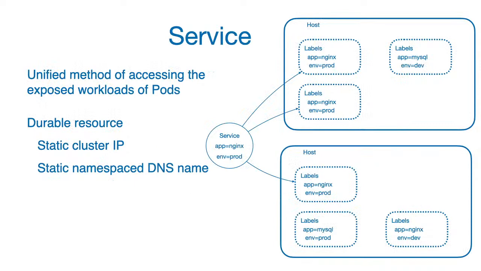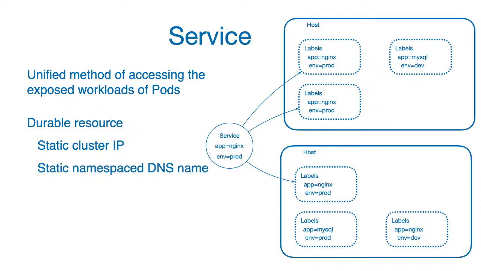So how do we overcome that problem? With services. A service acts as a load balancer. Whenever traffic comes from outside, it goes to a service. The service will take it to one of the pods, depending on the labels we have put on the pods. So let's say there are pods with the label app nginx and environment prod, and in our service we said whatever has the label of app nginx and environment prod, just send the traffic to those.